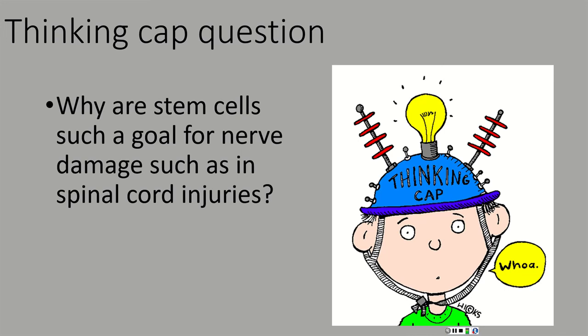Well, first we have to think about nerves, which is primarily what the spinal cord is, and this would also apply to the brain. If, let's say, someone severs their spinal cord and they become paralyzed from the waist down, they are going to be paralyzed from the waist down for the rest of their life. Nerves, when they are destroyed, do not regenerate.